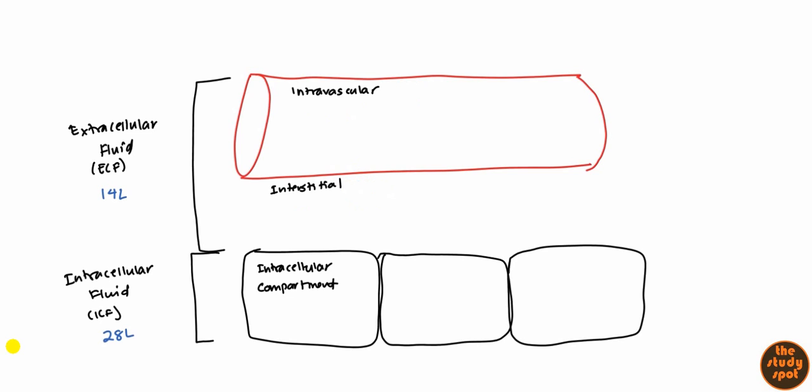Now when we're talking about water, water gets to choose. Blue here would be your water molecules. Water can choose either to be in the intravascular area, in the interstitial area, or in the intracellular area. Where it goes depends on where it prefers, and the place where it prefers is wherever there's the highest solute.